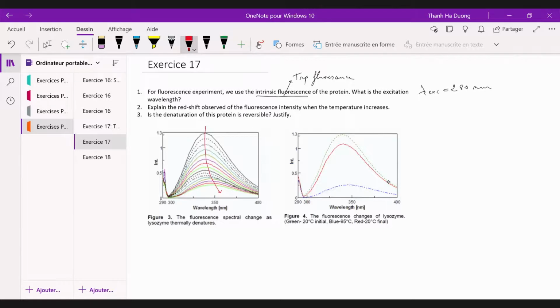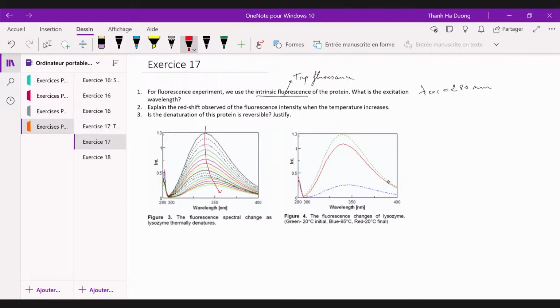So I already explained that, but if one of you can explain, I can be sure that you have understood. Because the excitation normally belongs to the tryptophan, and tryptophan is hydrophobic.